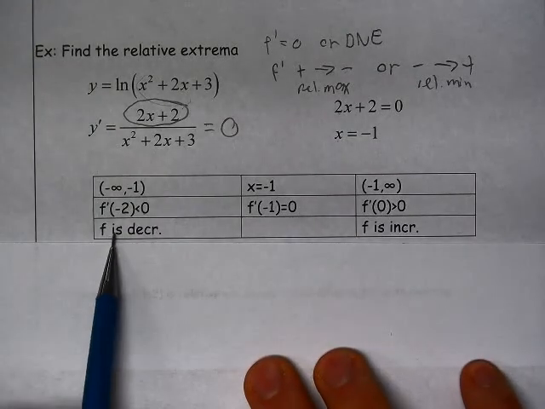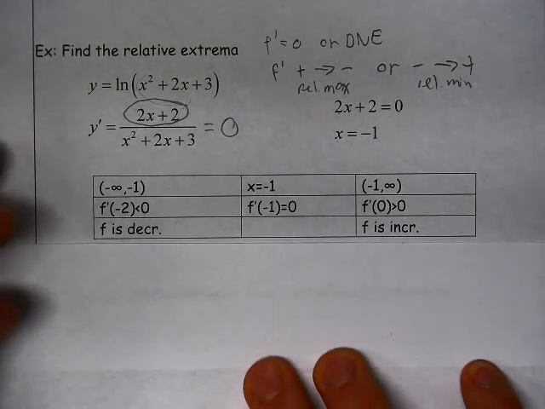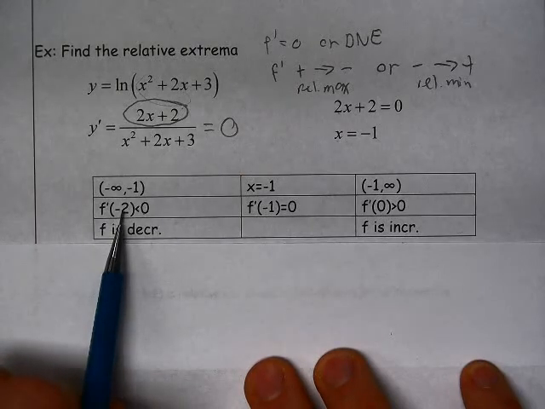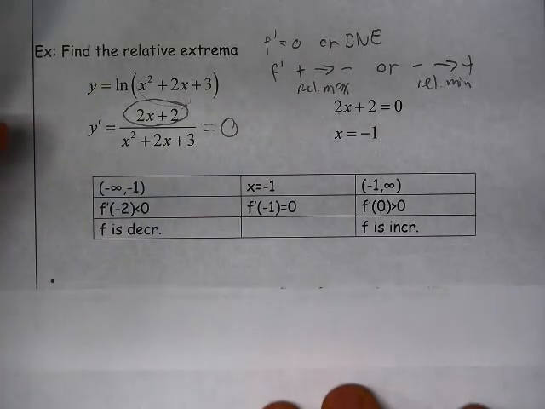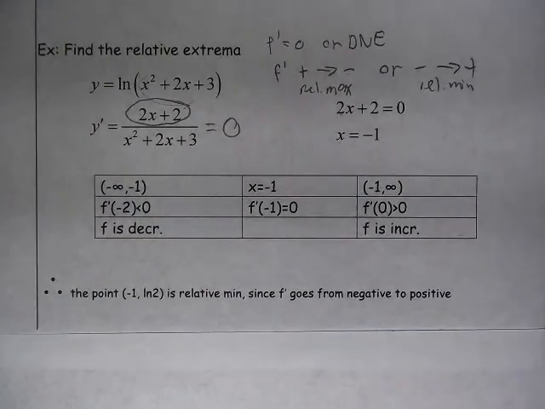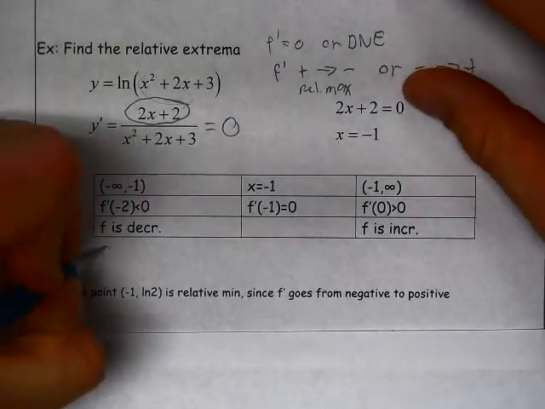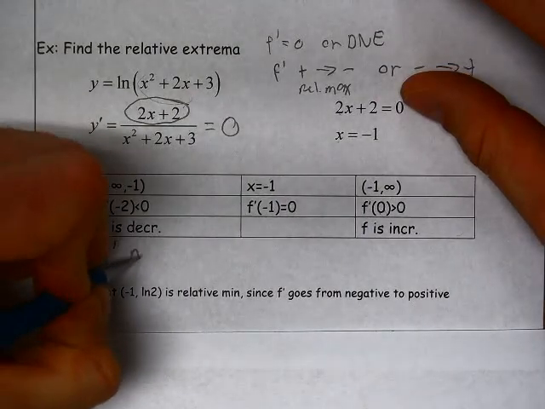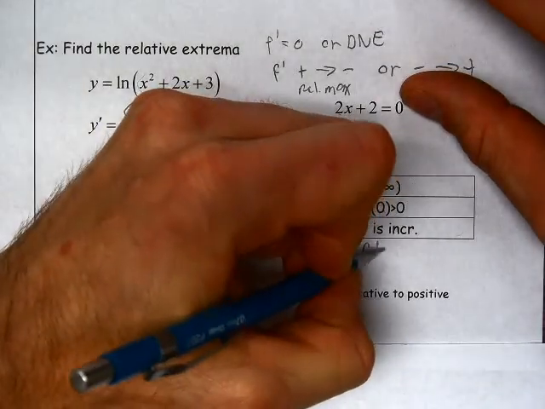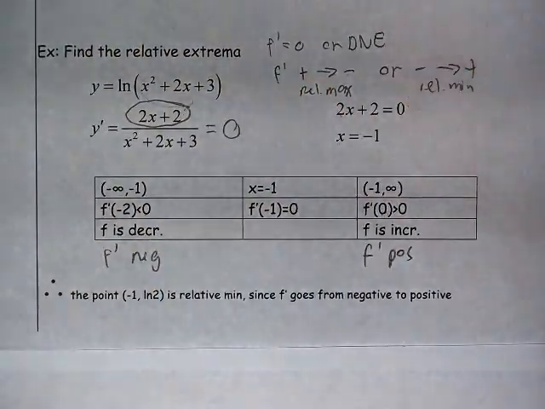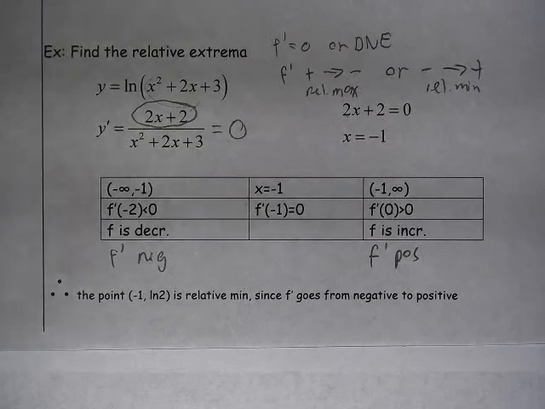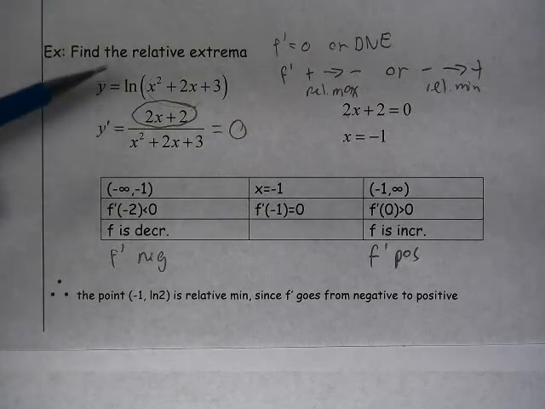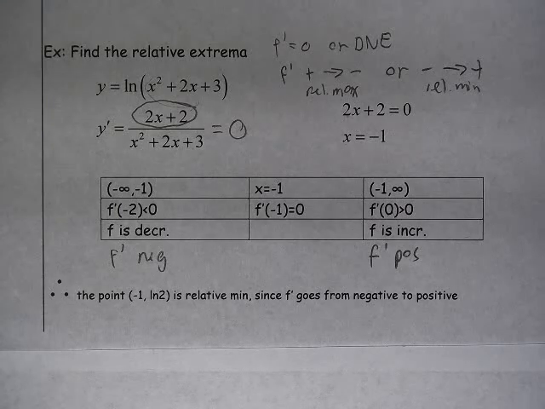So f' goes from negative to positive, which means I have a relative minimum, because I'm going from f prime negative to f prime positive. Right, so the applications that we can use from chapter 3 are exactly the same. It's just the mechanics of actually finding the derivative have changed a little bit since we have a new type of function to differentiate.